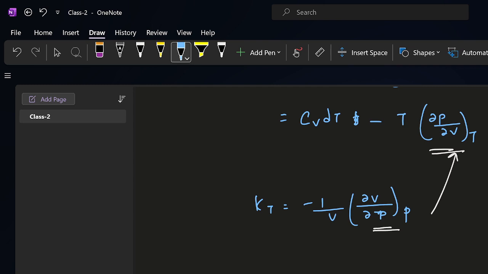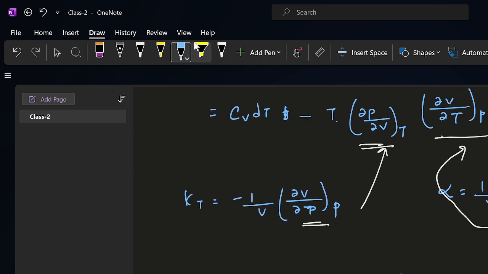To compensate for that 1 by v, because there is no originally 1 by v in the equation, you also multiply a 1 by v in the numerator. That is compensated, and take this part outside in the bracket. What is the remaining? There is also a t present, so keep that t, and the last part was del v del t at p constant dv.